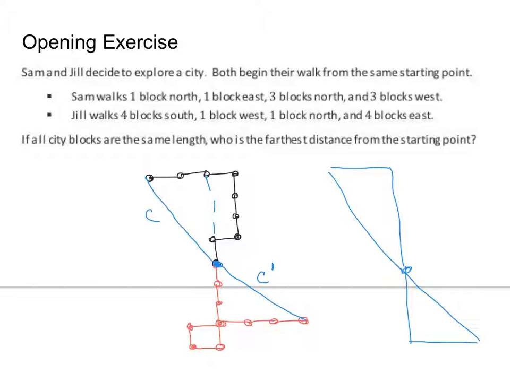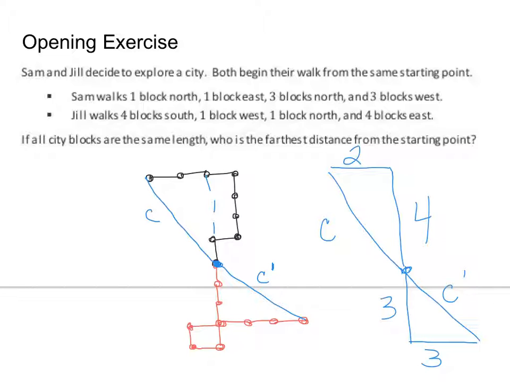The distance here is 1, 2, 3, 4. Distance here is 2. We don't know what that is. That should be a C though, not a C prime. Here we have 1, 2, 3, 1, 2, 3. So let's write that down. 3, 3, and C prime.